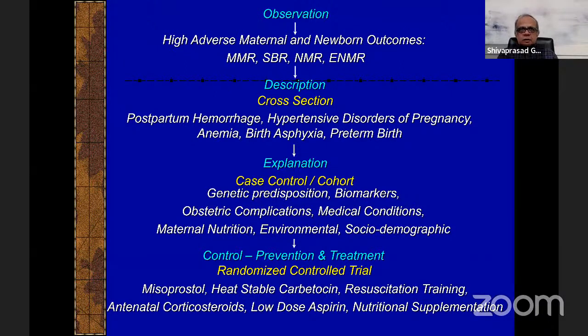So as I said, the research question is the starting point. Depending on where your research question is, you end up choosing the study design, whether it's cross-sectional to understand the burden, or analytical studies like case-control and cohort studies to understand the causative factors, and then RCTs to prevent or treat the causative factors and reduce the adverse outcomes.